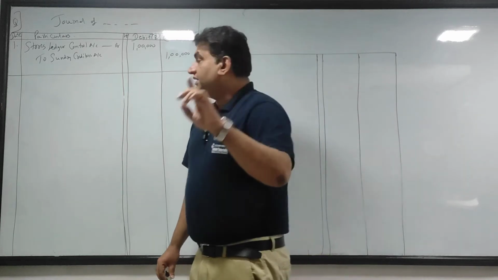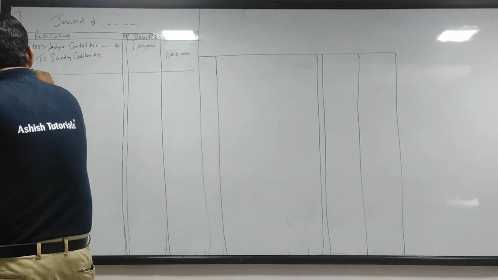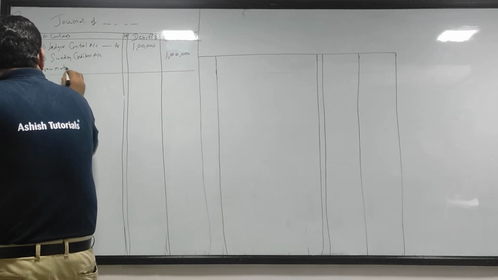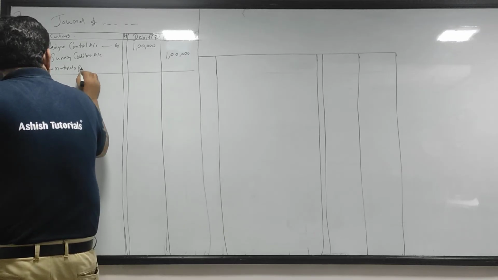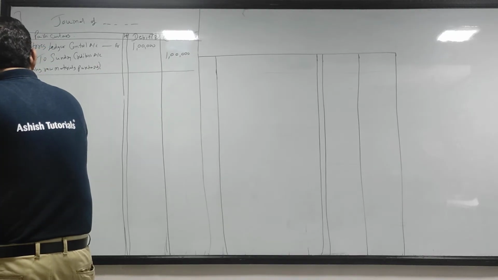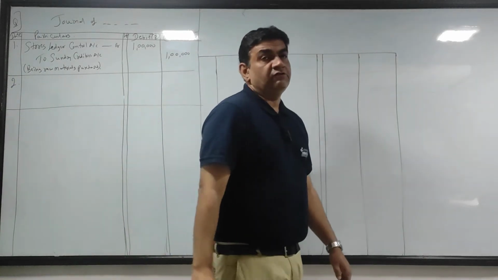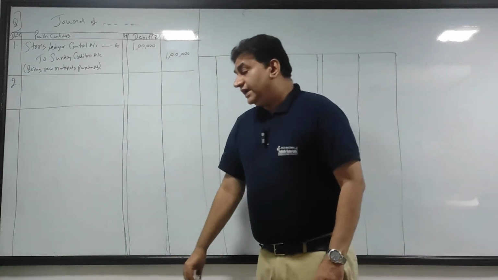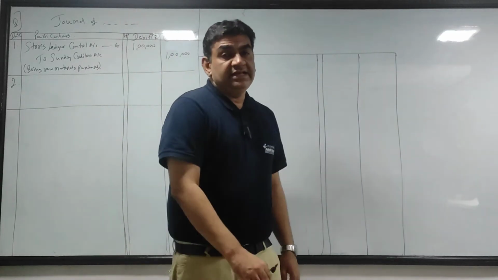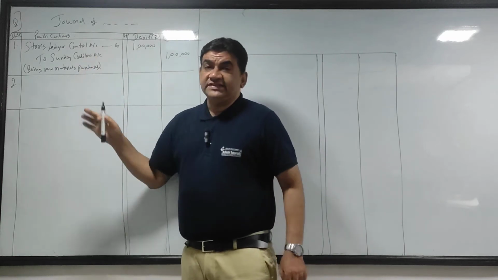Let me write the narration, then I'll show you the logic of integrated. Being raw materials purchase. Now see, what I told you, this is integrated. Integrated means combination of cost and financial accounting. Now, when there is a debit and credit, understand, it's very interesting.